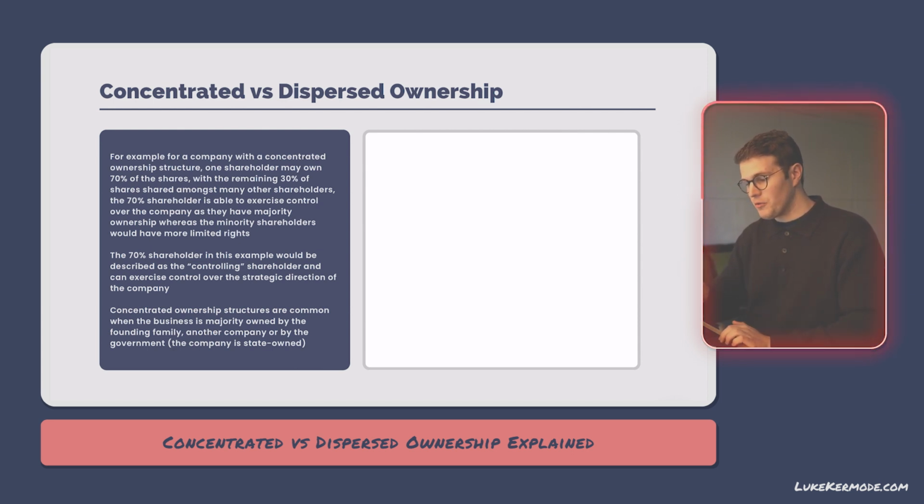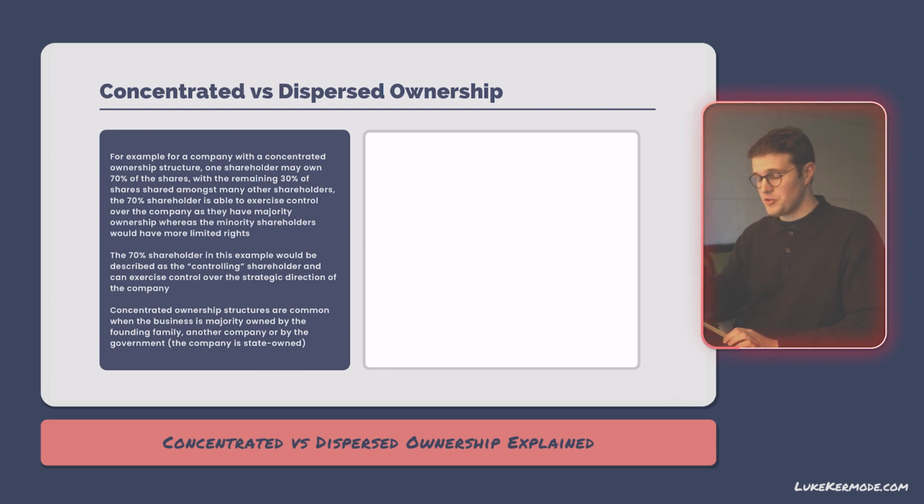Whereas the minority shareholders, so all of the shareholders that own less than 30% of the firm, would have more limited rights. Majority shareholders always have greater rights and protections than minority shareholders. So the 70% shareholder in this example would be described in the curriculum as the controlling shareholder, and as I said, can exercise control over the strategic direction of the company.